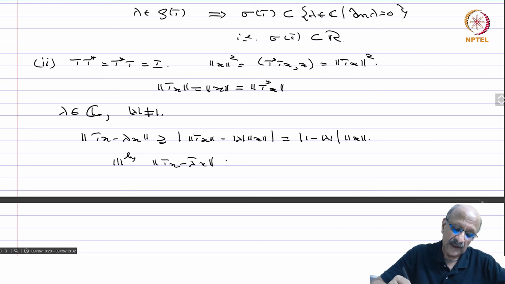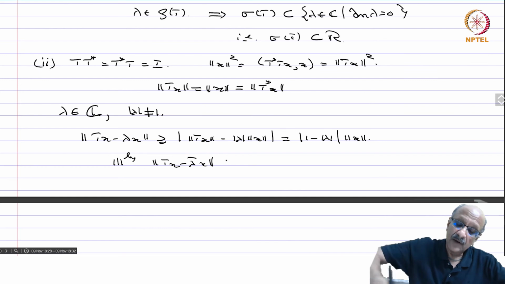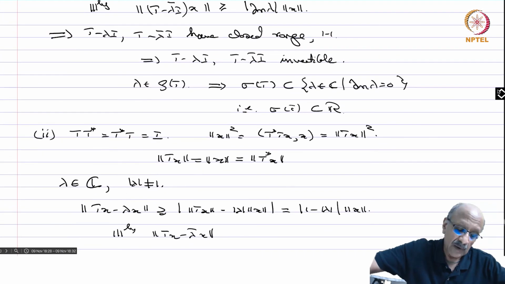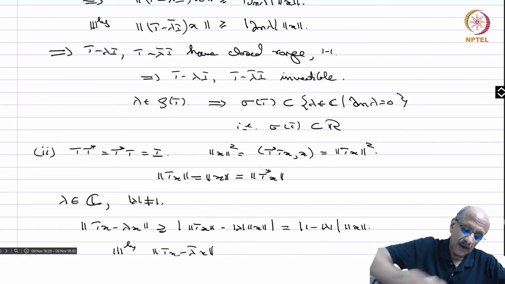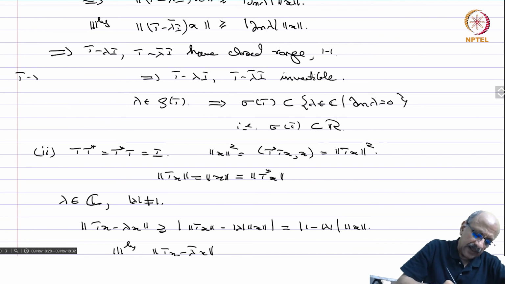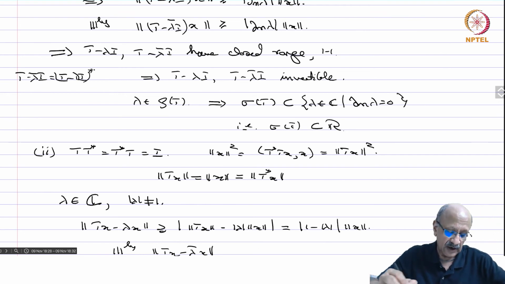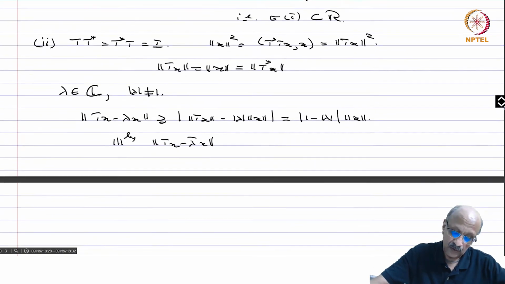So T minus lambda bar I is nothing but, let me make that remark here also, T minus lambda I adjoint, because T star equals T, and when you take the conjugate of lambda you should get lambda bar. Okay, we have seen those properties.